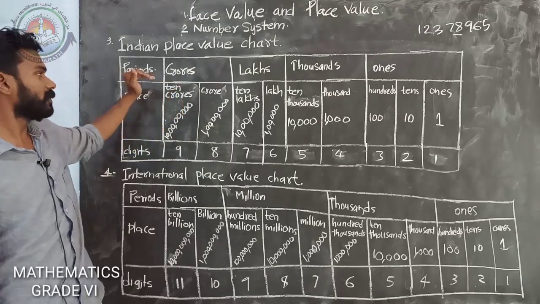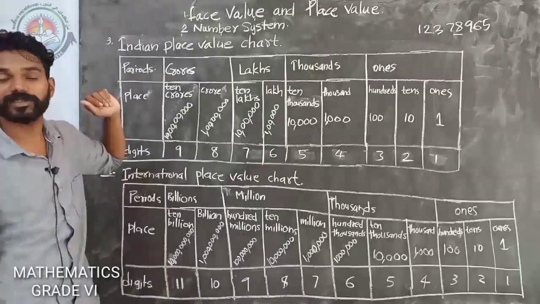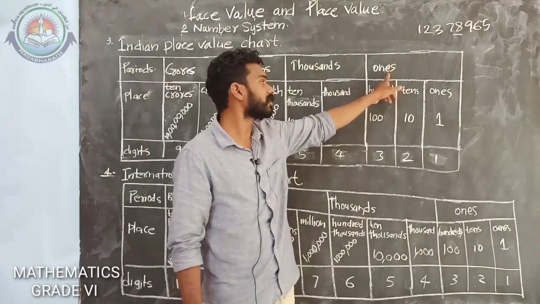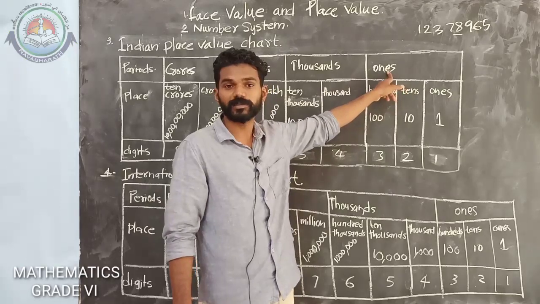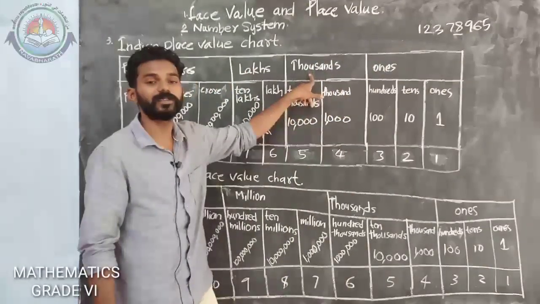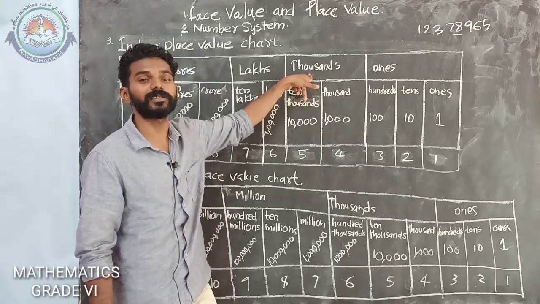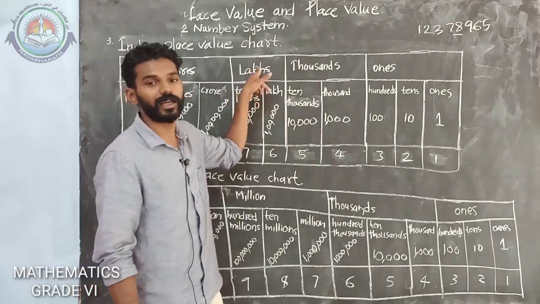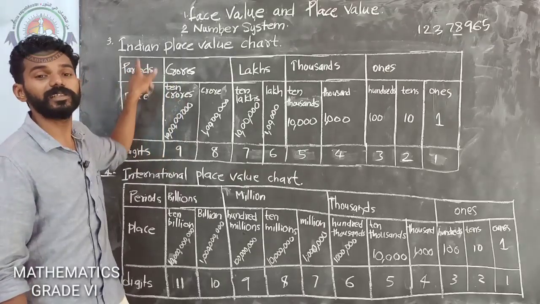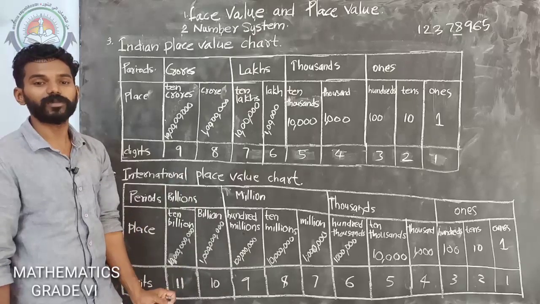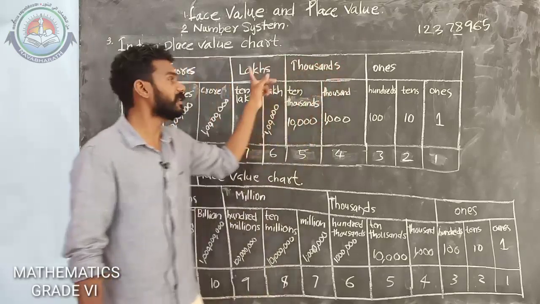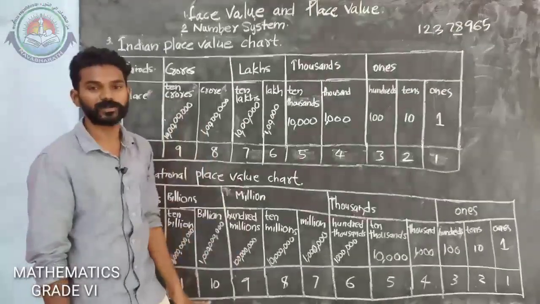The numbers start from which period? The period ones. The next period is thousands, then lakhs, and then crores. This is the order of periods in the Indian number system: ones, thousands, lakhs, crores.